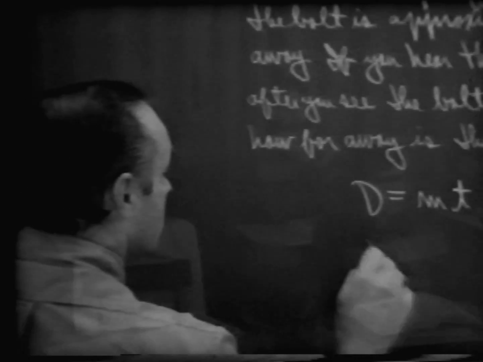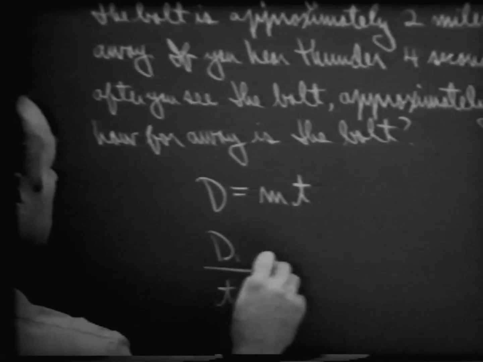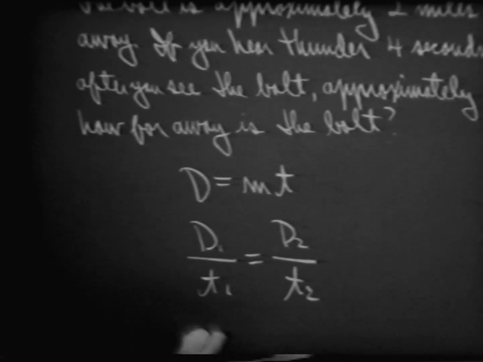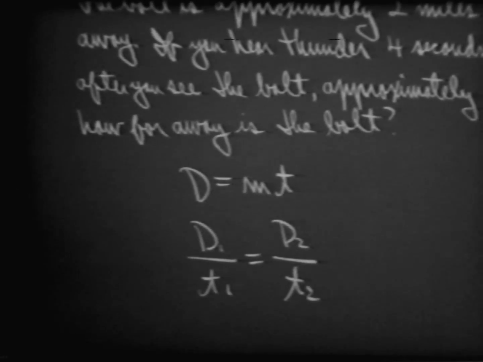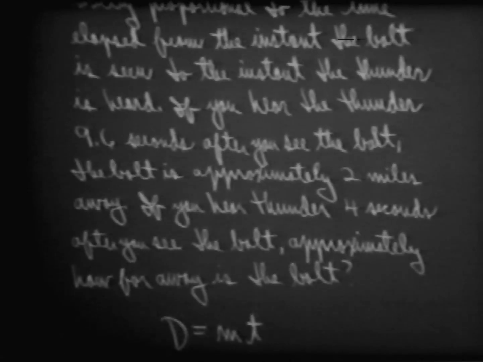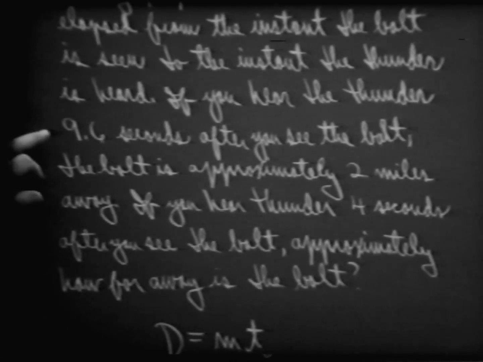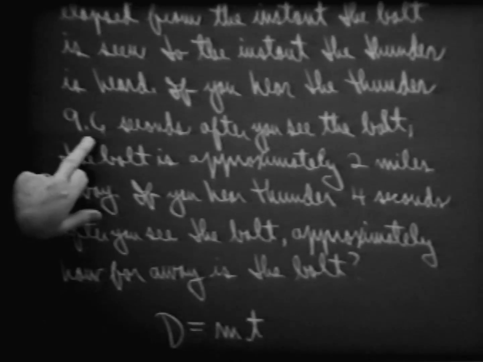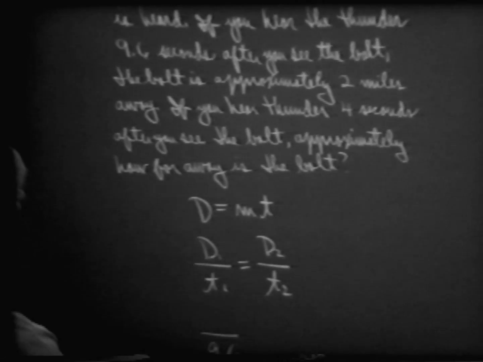That is a formula which would interpret this direct variation that we have in this problem. Let me then go into D sub 1 is to T sub 1 as D sub 2 is to T sub 2. And again, of these four different numbers, how many of them do we know in this problem? We certainly know three of them, and let's make our substitution. If you hear the thunder 9.6 seconds after, that would be our T sub 1 of 9.6 seconds.